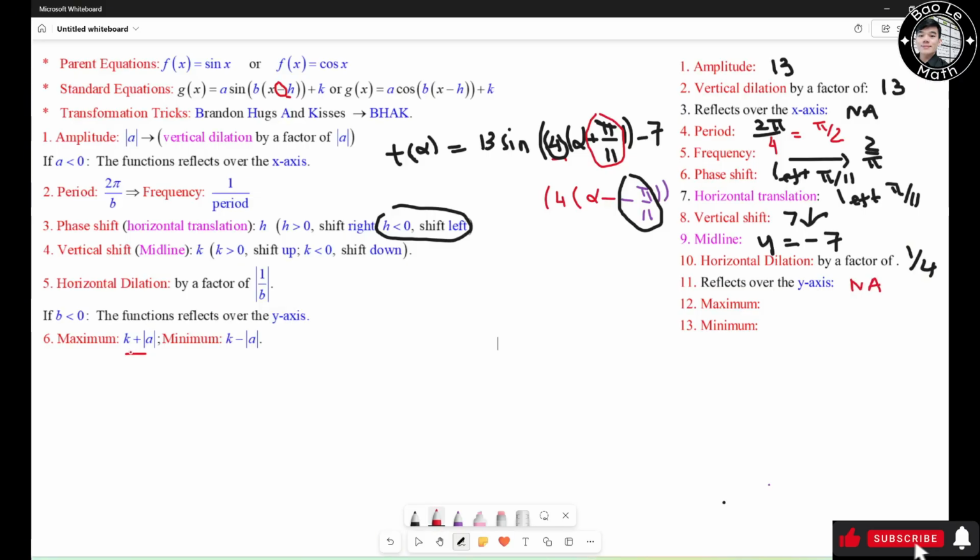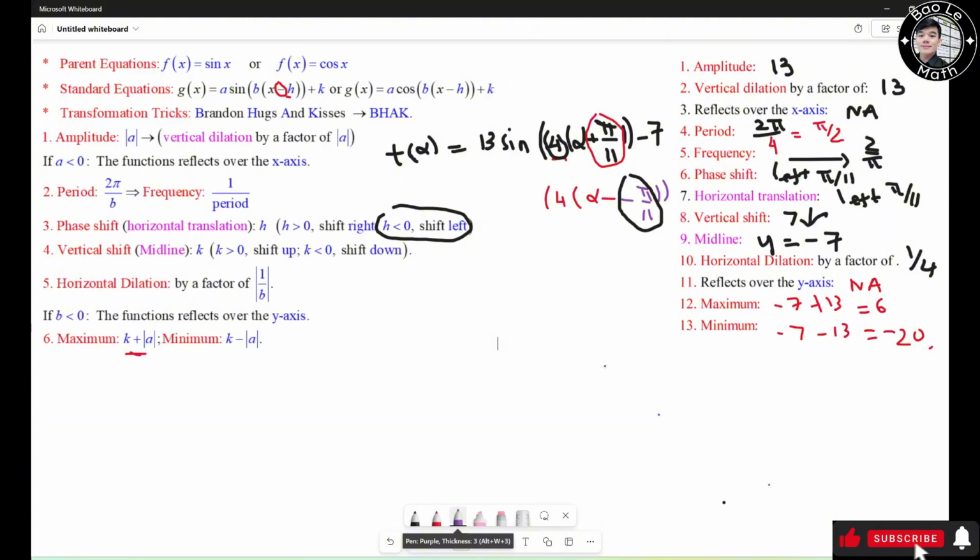Maximum, use the formula right here. Vertical shift is going to be negative 7, plus the absolute value of the amplitude, which is 13. So the maximum should be 6. Minimum: negative 7 minus 13. It should be negative 20. Now you always need to check your work.